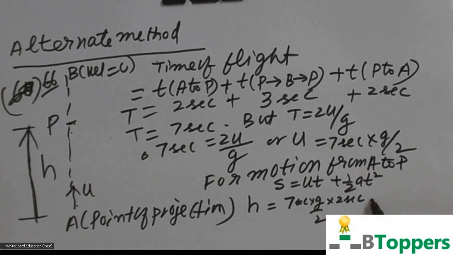For upward motion from A to P, time interval is 2 seconds. a equal to minus g and t equal to 2 seconds.